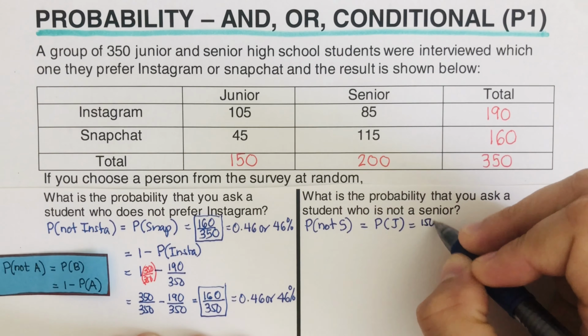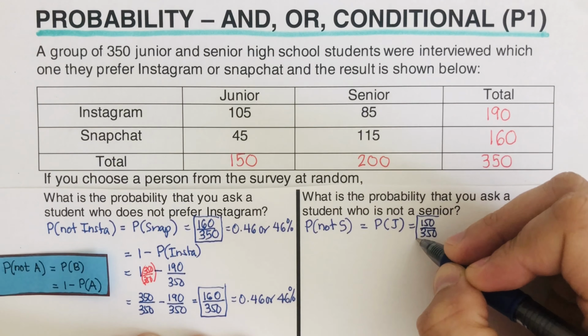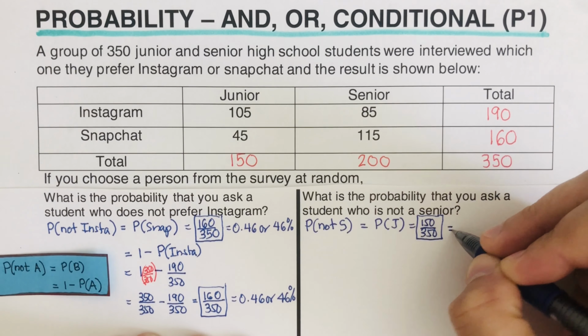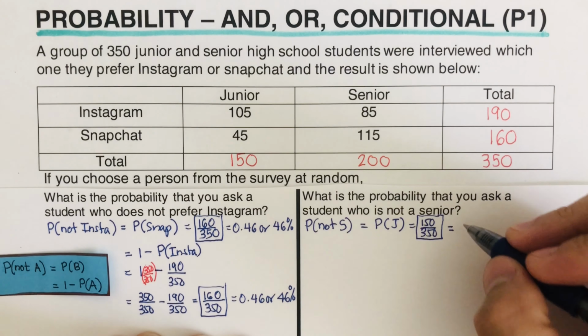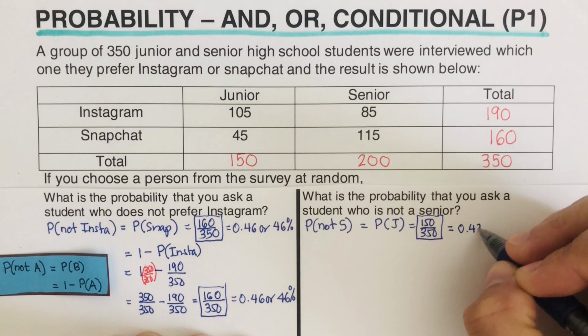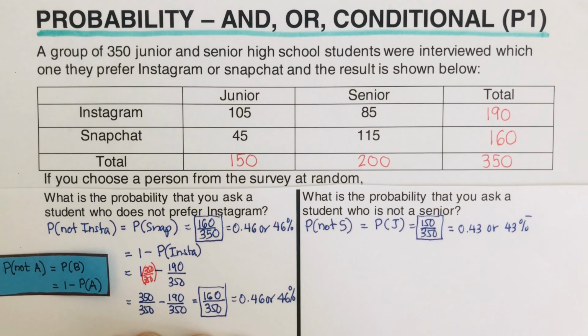So that is 150 over 350. We can take this as our final answer, or we can have it in decimal, which would equal 0.43 or 43%.